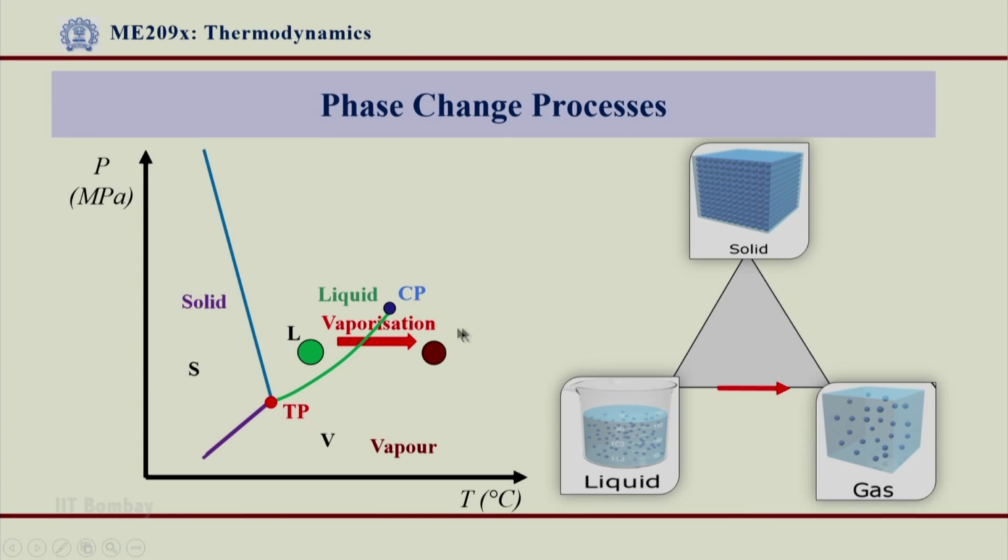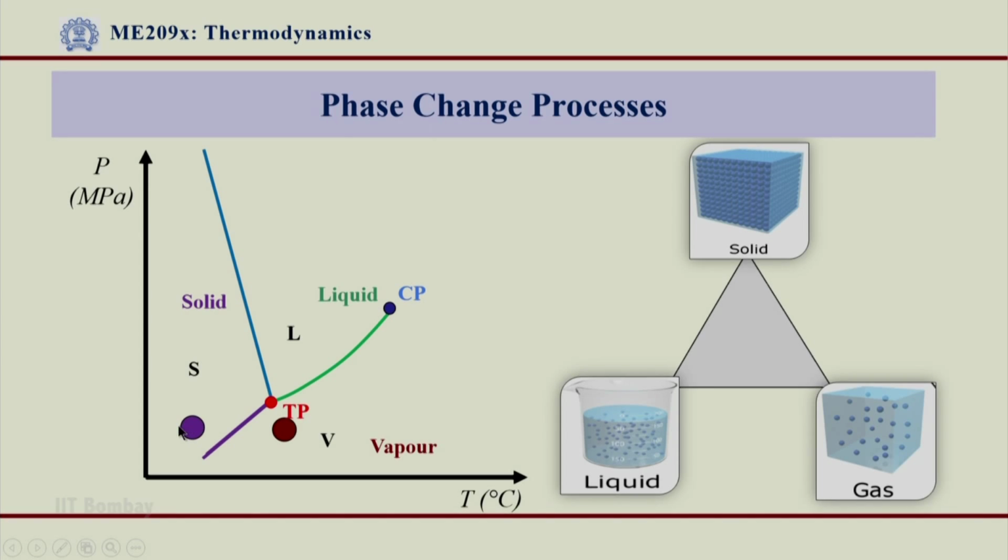If now I have a vapor over here and if I decrease the temperature of this vapor, what you will get is conversion of this vapor into liquid and this reverse of vaporization is what we call condensation. Alright. So, again we have vaporization and condensation as two reverse processes between liquid to gas or liquid to vapor phase change.